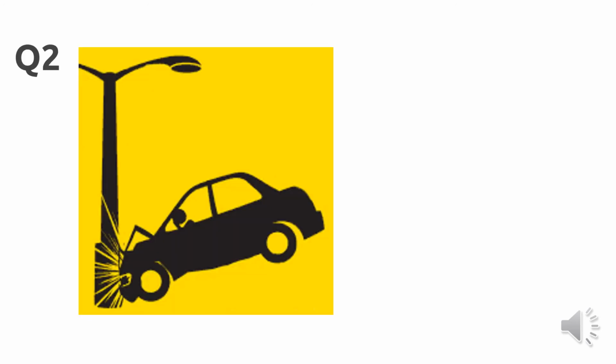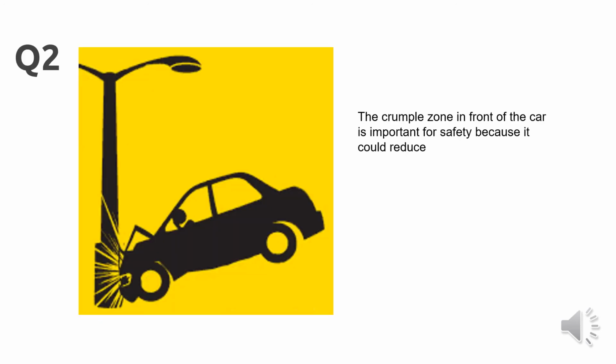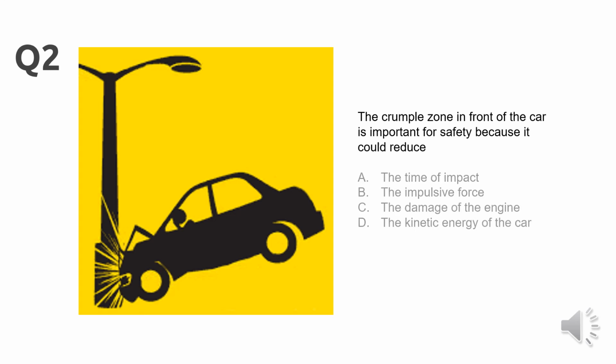Question 2. The crumple zone in front of the car is important for safety because it could reduce: A, the time of impact, B, the impulsive force, C, the damage of the engine, or D, the kinetic energy of the car?